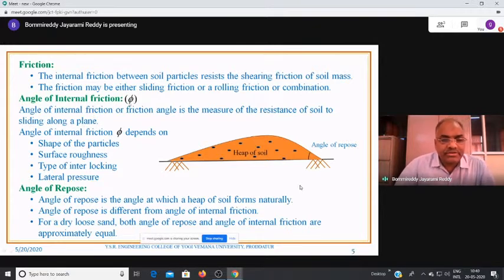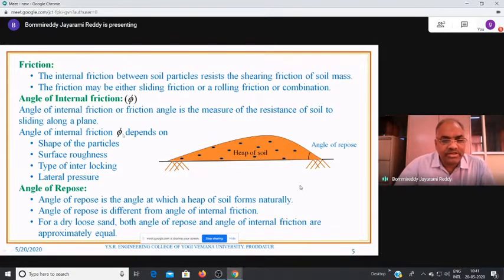The angle of internal friction, we call it phi. The angle of internal friction is a measure of resistance of the soil to sliding along a plane. It is the friction angle which measures the resistance of soil sliding along a plane.